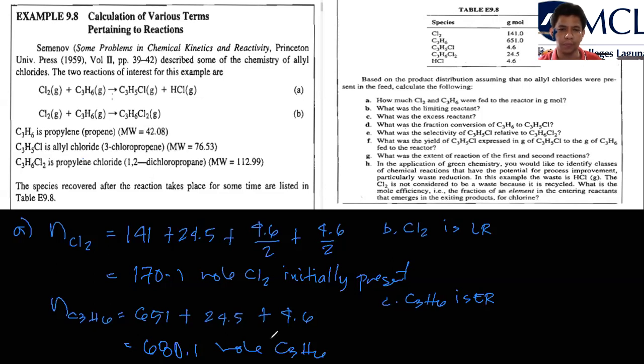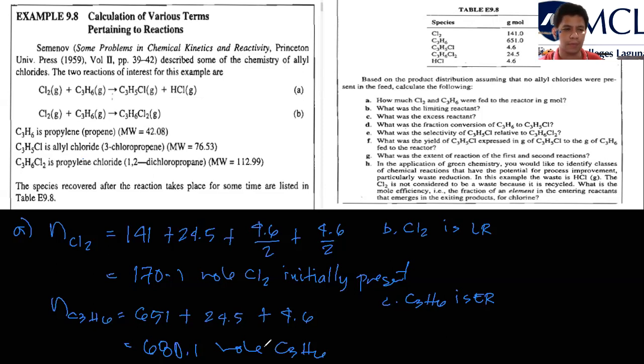As you can see, C3H6 is converted to both C3H5Cl and C3H6Cl2. So what we're going to do with letter D is get the number of moles of C3H5Cl, and then divide this by the initial total number of moles of C3H6, which is 680.1.